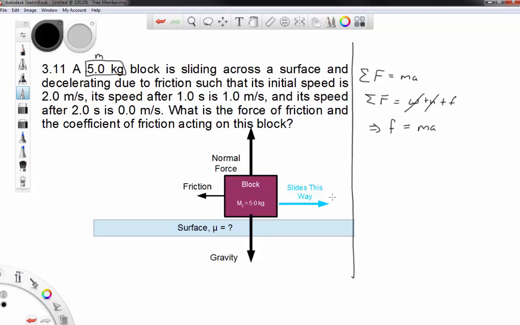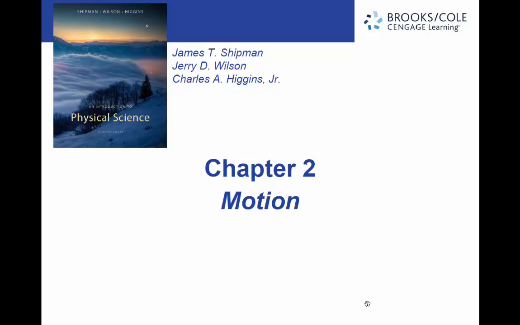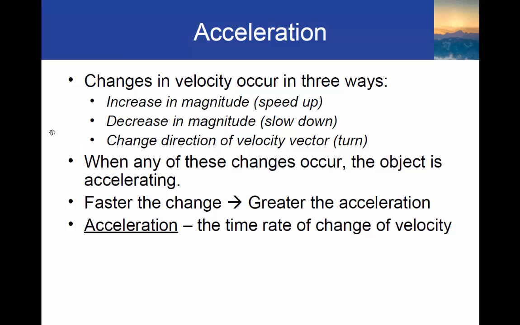How do we get the acceleration out of this? Well, we're going to have to go back to an earlier lecture in order to get that. Specifically, we need to go back to chapter 2, which was the one covering kinematics, or just simply motion, from the physical science textbook.